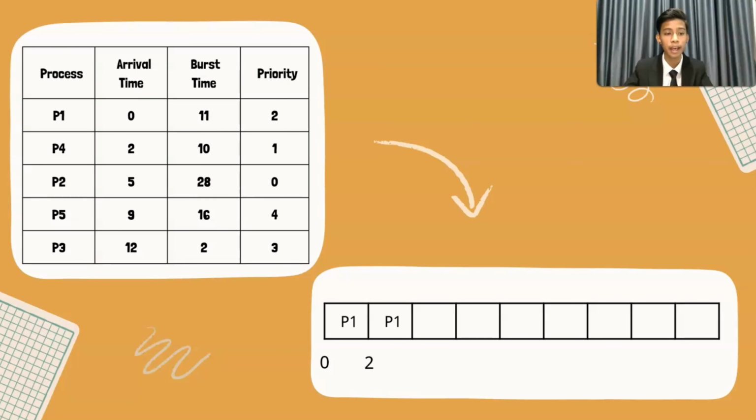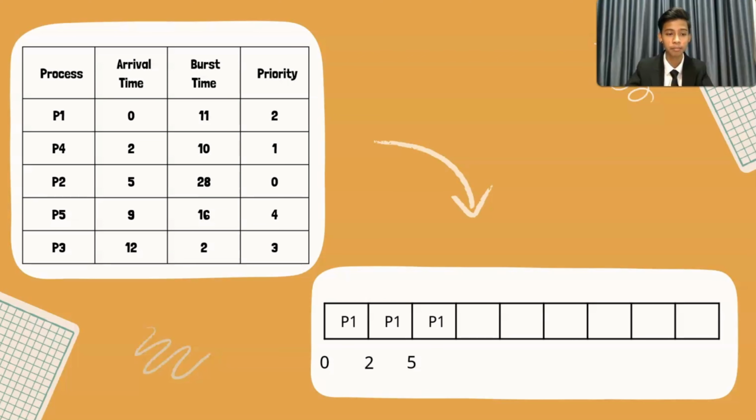Then we continue with the next arrival time, which is P2. P2 arrives with a burst time of 28. But we compare it with P1, which has a remainder of 6. Since P1 has the shortest remaining burst time, it continues to run.